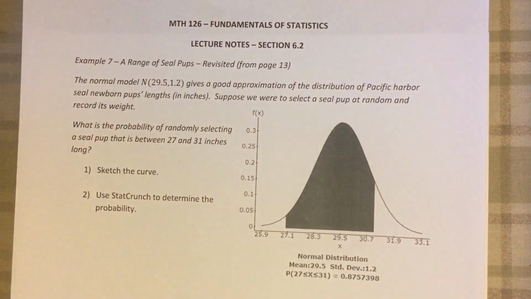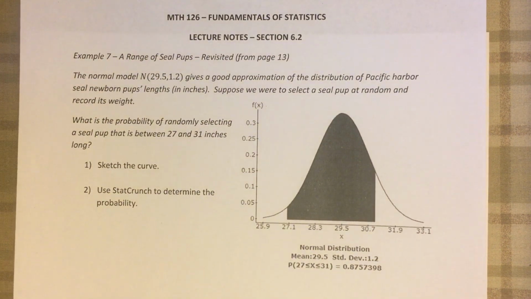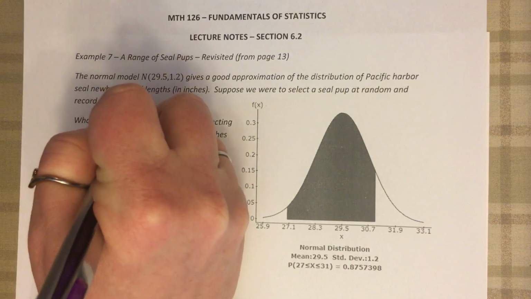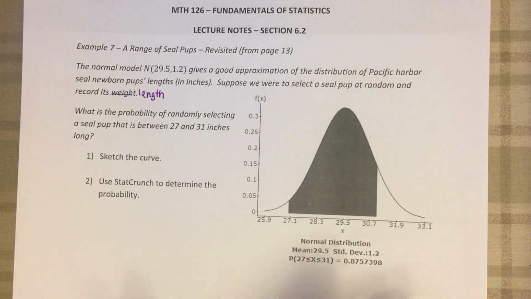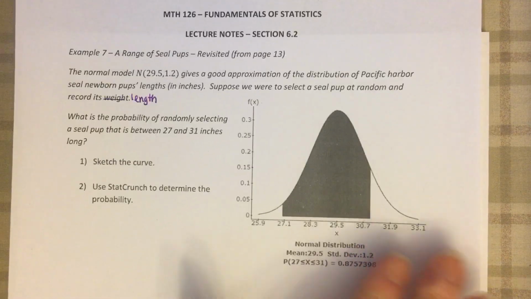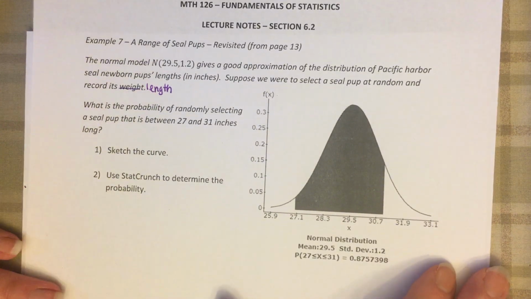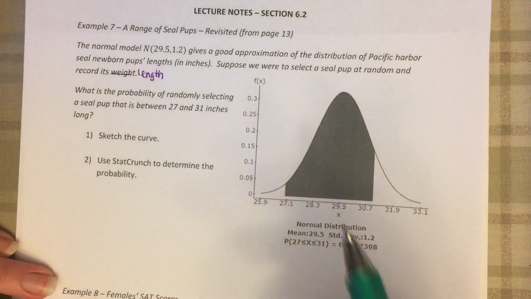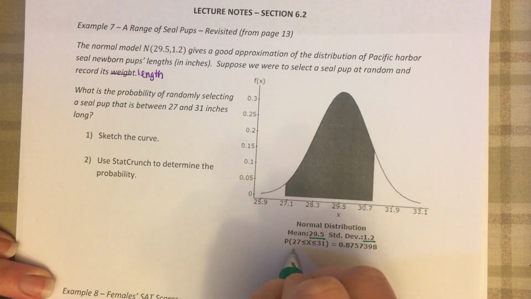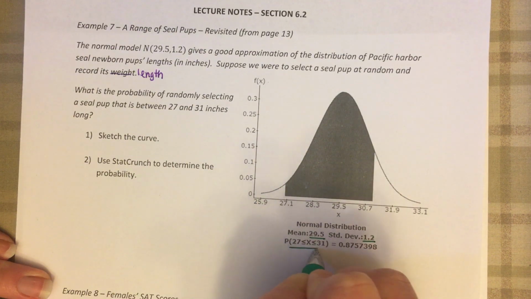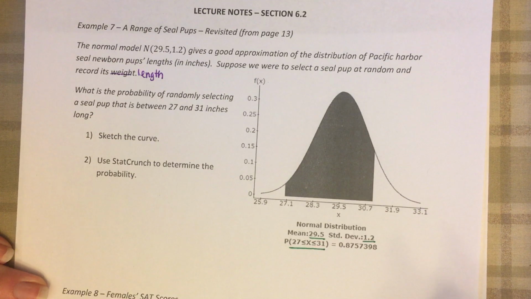In example 7, we also used the same model. Again, we are looking for the seal pups' lengths. We sketched our curve. We use the same labeling along our horizontal axis as we did before. When we go into this problem, we keep our mean the same, our standard deviation the same, and in this case we would select the Between option up at the top and enter our two values.